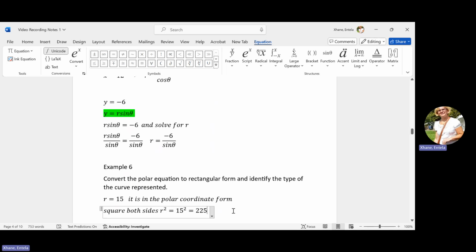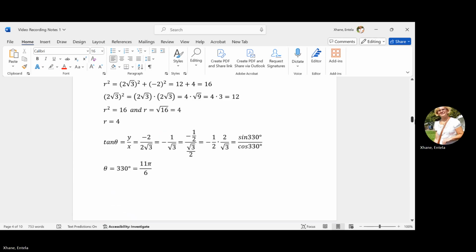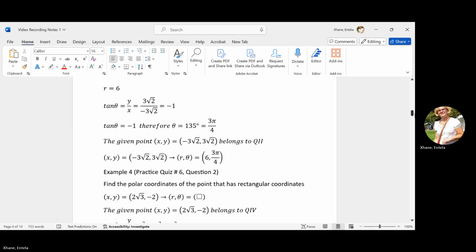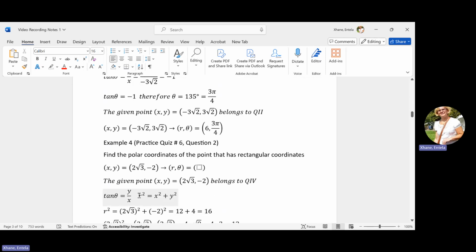Now, what's the whole point of squaring? There's a reason why I'm squaring. There is a formula that I used a few minutes ago, and I'll bring it back to you. So these two formulas right there.